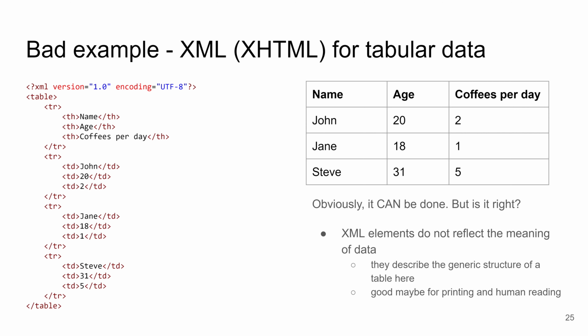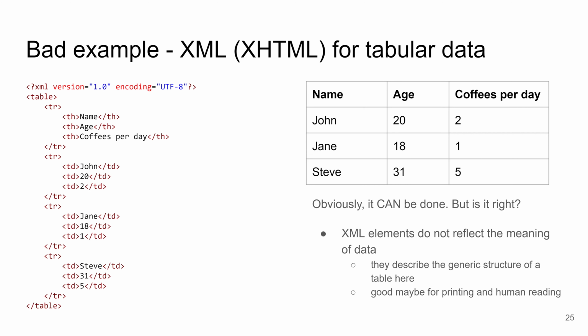What's worse is that the XML file here resembles HTML, because the goal of HTML is formatting the text so that it can be displayed or printed nicely and read by humans. But in XML, we aim for machine processing and machine understanding of the data.